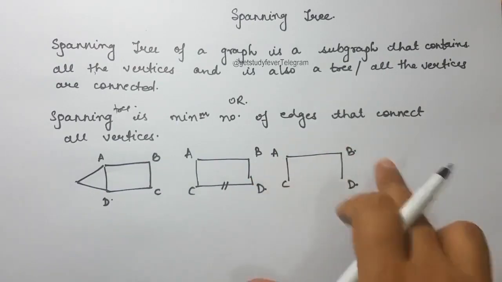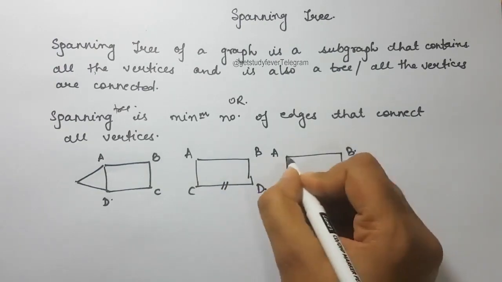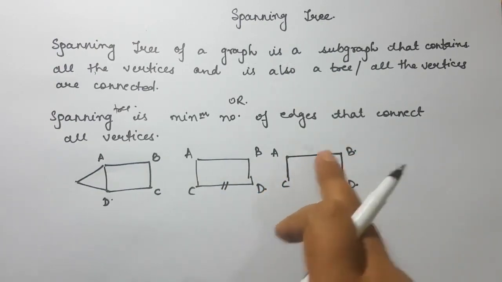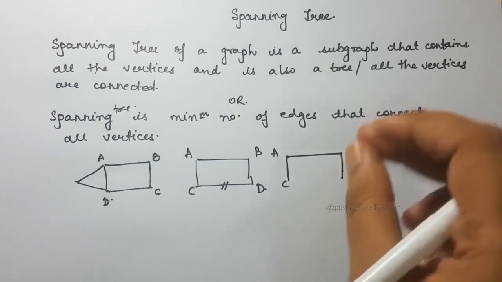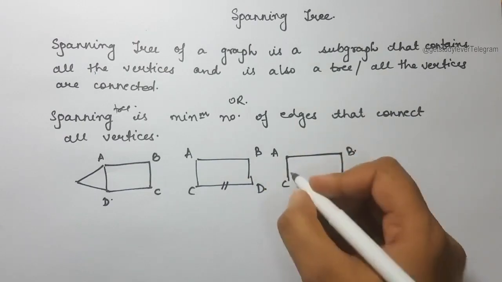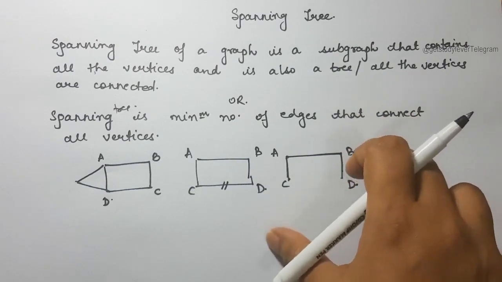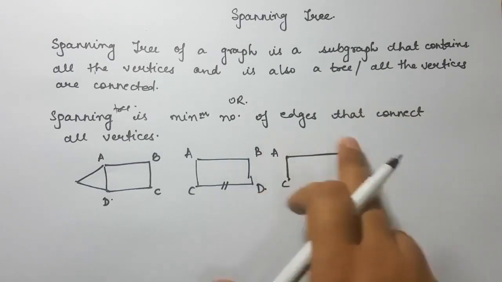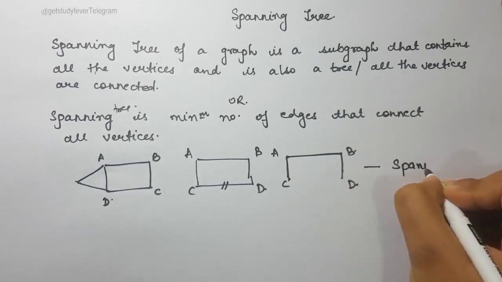So this is a subgraph. Subgraph is nothing but a part of the graph. So this subgraph has all the vertices, and are these vertices connected? Yes, they are. I can reach A from any of the vertices, I can reach C from any of the vertices. So this is a graph that has the minimum number of edges to connect all the vertices. So I can say that this is a spanning tree.